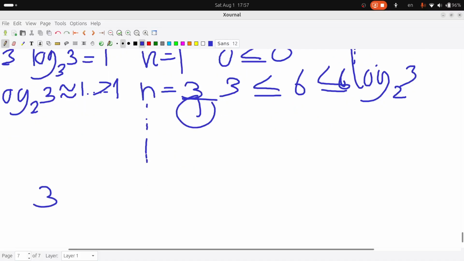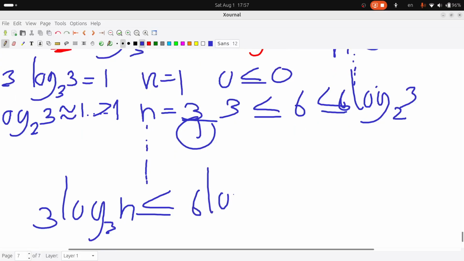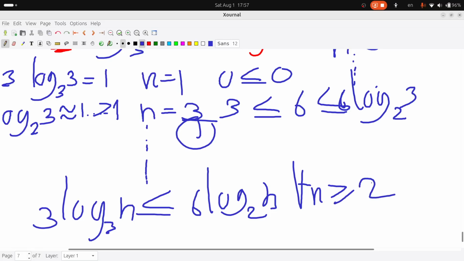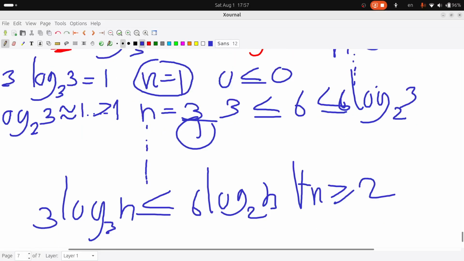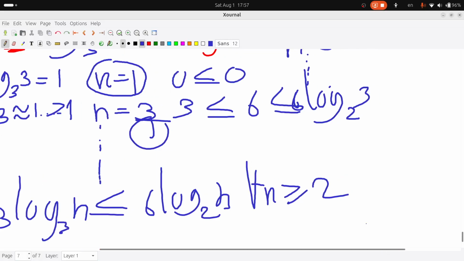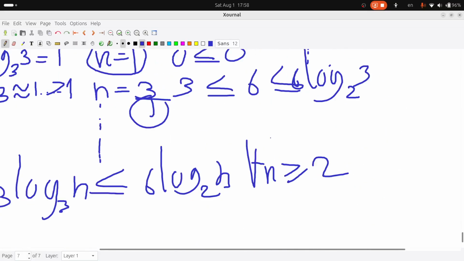So we can say that 3 log n base 3 is less than or equal to 6 log n base 2 for all n greater than or equal to 2. Or you can use 1 also, but I just want the starting point to be consistent with the phi one. The log n base 2 we should set the starting point to 2, so we have the same starting point.